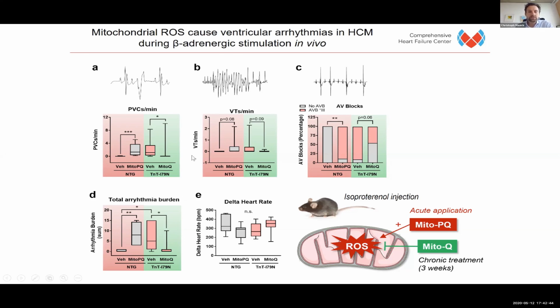And after 3 weeks, the isoproterenol injection was performed. Here you can see that compared to non-transgenic, there was an increase in arrhythmia burden in these mice. However, the co-treatment with MitoQ prevented the isoproterenol-induced arrhythmic burden without having any influence on the change in heart rate, for instance, or other electrical parameters.